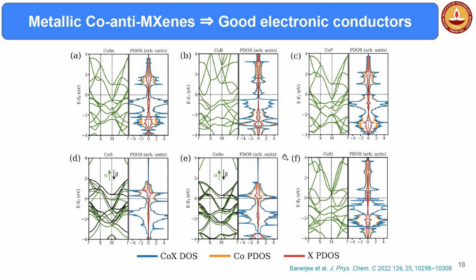Here on the right hand side, you can see the CO PDOS is shown in the red color, COX DOS is shown in the blue color, and only the X atom, X corresponds to here arsenic or sulfur or something, is given in the red color. So let us consider any one of them, the center one. Here if you see, the orange color and the blue color are merging with each other all over the place.